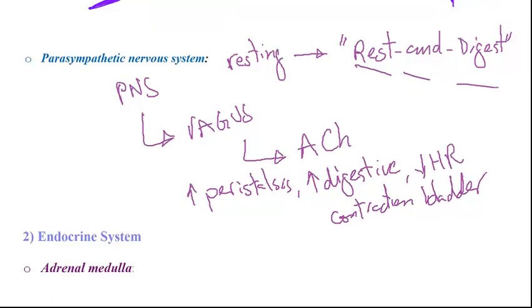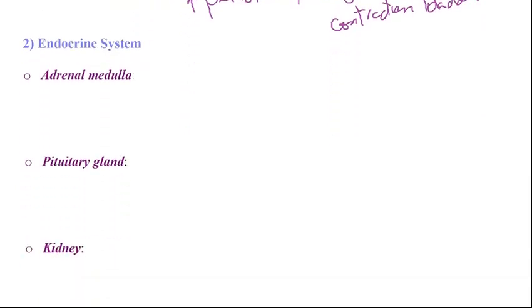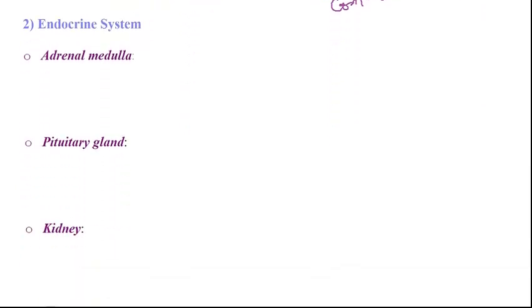Now, the next system that affects the cardiovascular system is the endocrine system. So in our endocrinology video, again, we went over all these topics, but it's always good to repeat to help you with the memorization. So let's go over all the hormones that affect the cardiovascular system, starting with adrenal medulla. Can you tell me what hormone is being released by adrenal medulla?